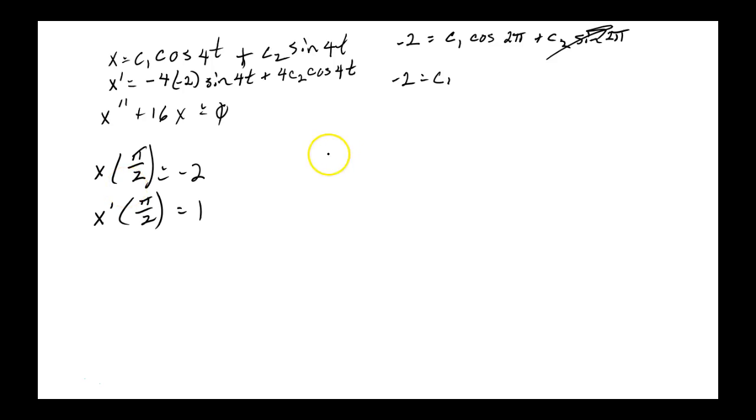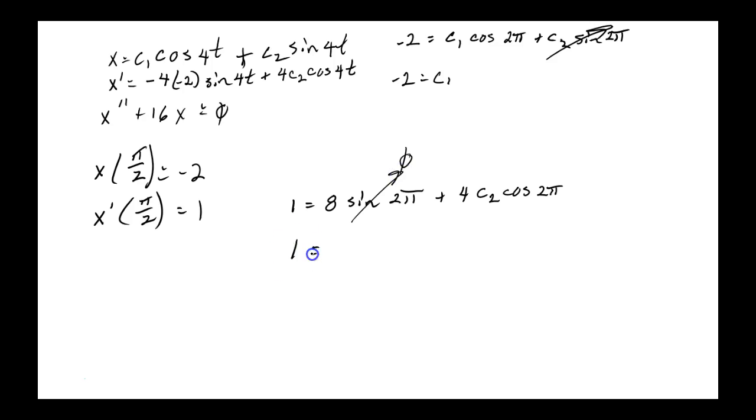So I'll write it down here: 1 is equal to 8 times the sine of, well, 4 times pi halves is still 2 pi, plus 4 C2 times the cosine of 2 pi. But you remember what cosine of 2 pi was, right? And sine of 2 pi. This one's 0.